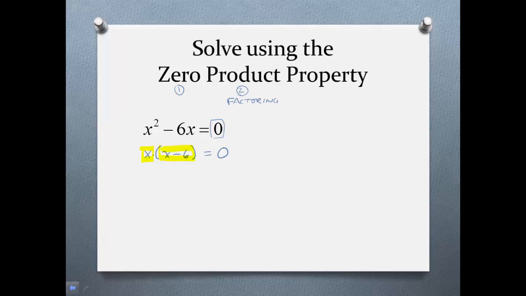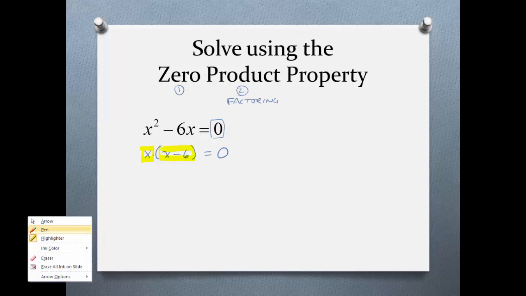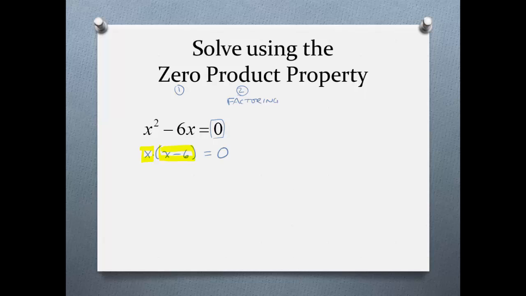And I'm saying that if I multiply those things together, and I get 0, then either the first factor is 0 or the second factor is 0. So either x is 0 or x is 6. So I have two solutions to this.